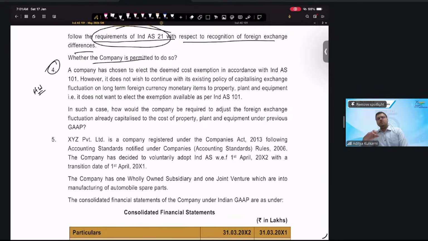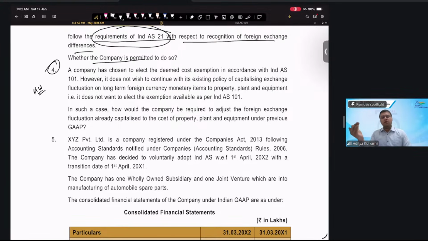But when you are switching over to Ind AS, you will have to mandatorily select the option of taking it to the P&L if you are in option 1 under the AS 11 regime. If you are in option 2, there is a transition exemption available where you can continue to remain in option 2 or move to option 1. But you cannot have a scenario where you have taken the exchange differences to P&L under AS 11 and now you want to move to option 2, that is, create an FCMITDA or capitalize in fixed assets.